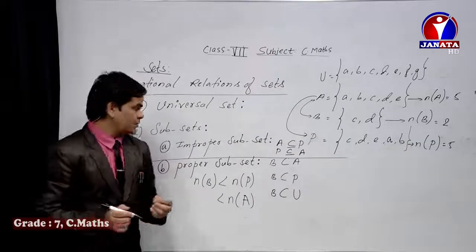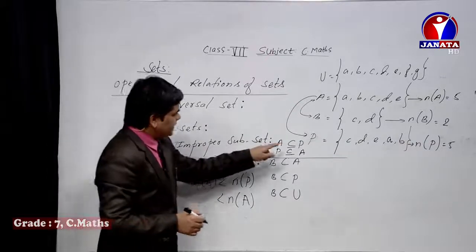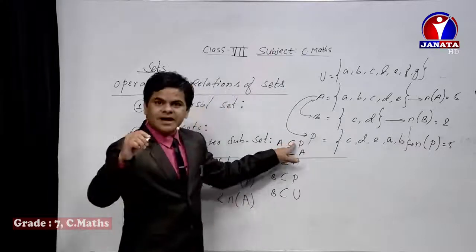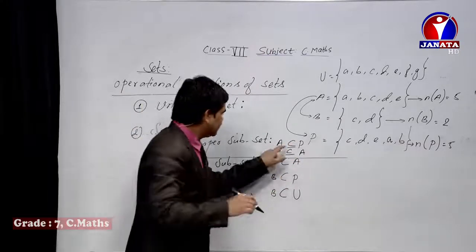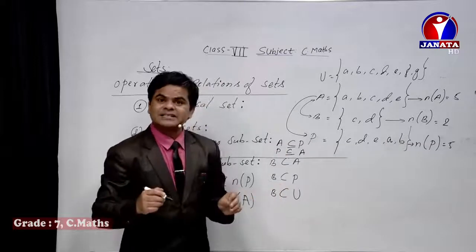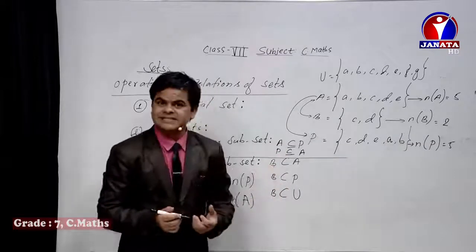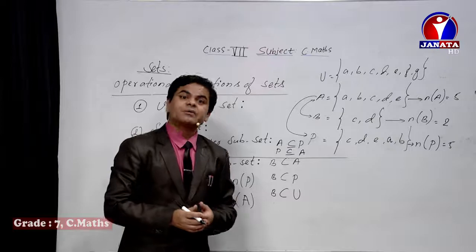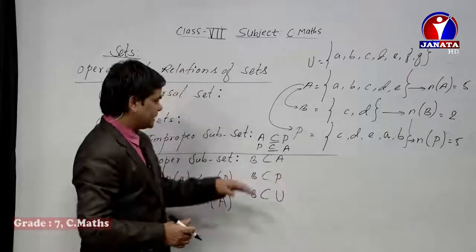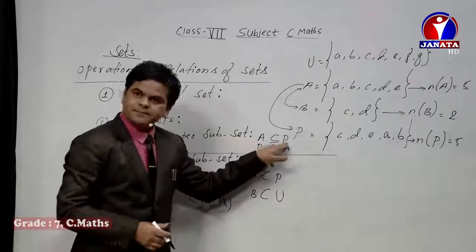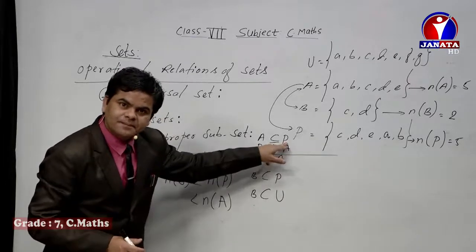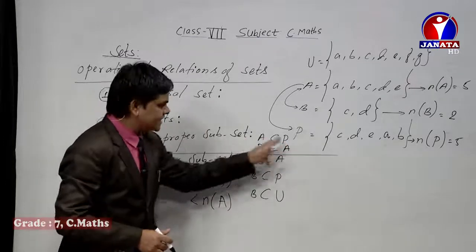Now, if we go to improper subset, dear students, here is the U sign turning towards the right, along with this what? Generally, we read this as minus, but it doesn't represent minus, it represents equal. Cardinally also equal. That means similar elements, all the elements should be there in both sets, in equal number.